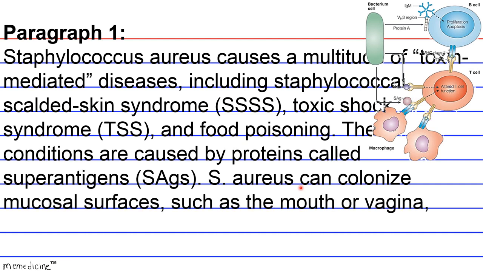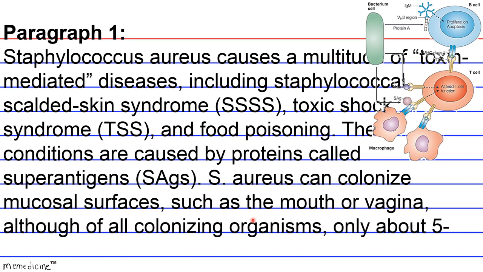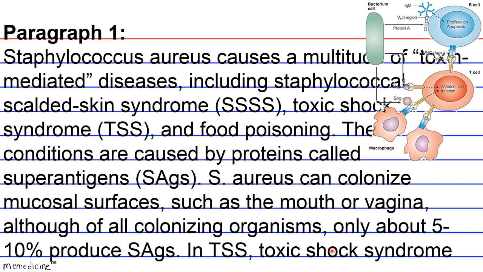S. aureus can colonize mucosal surfaces such as the mouth or vagina, although of all colonizing organisms, only about 5 to 10% produce SAGs.